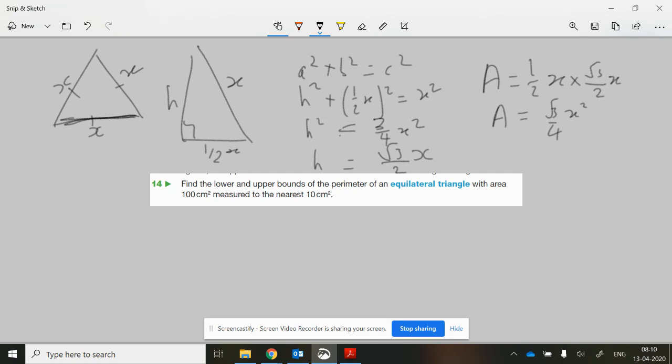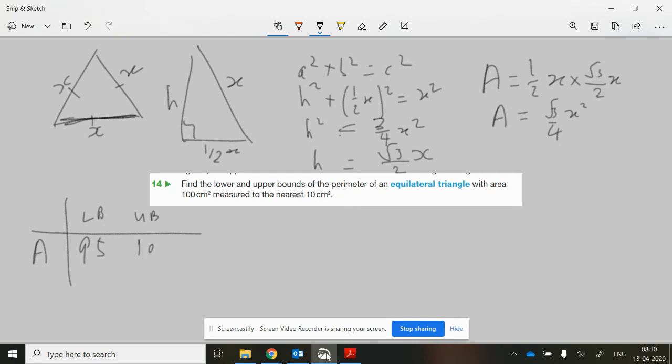Okay, well, now we know that the area is either, so maybe we should come up with a little table for ourselves. We've got area is lower bound. So lower bound is 95. That's plus or minus a half of the thing that it's been rounded off to.